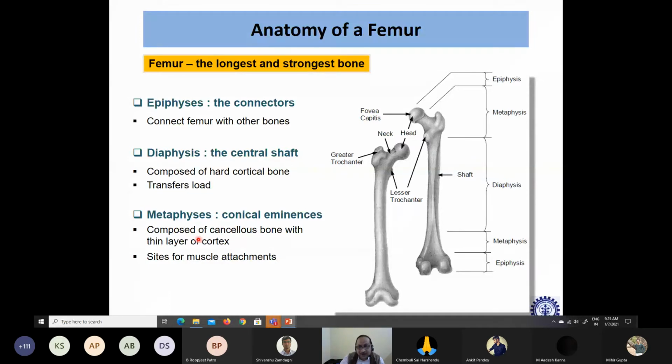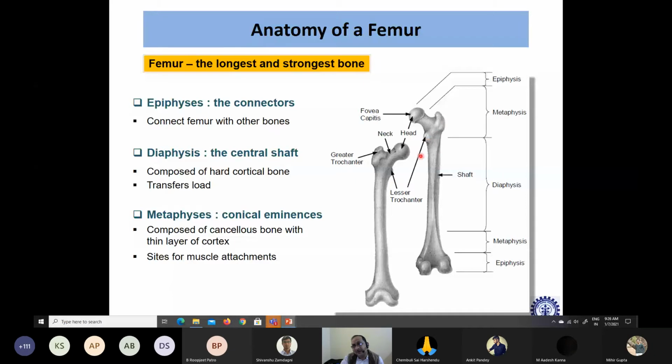These are sites for muscle attachments. The metaphysis on both sides, the proximal and the distal part of the femur, serves as attachment sites for muscles, like, as I told you, the greater trochanter and lesser trochanter.